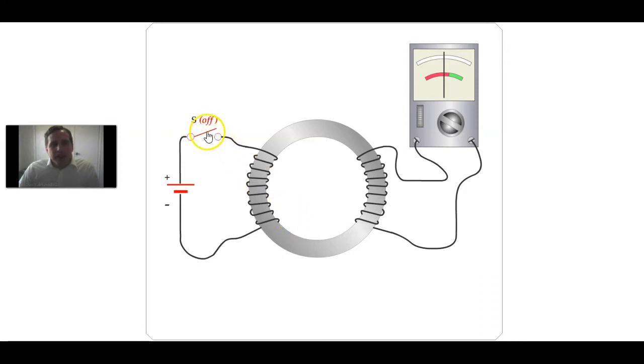So we expect that when the switch is closed and current is running on this coil over here on the left, there will be a magnetic field generated here. Now here's what's interesting.